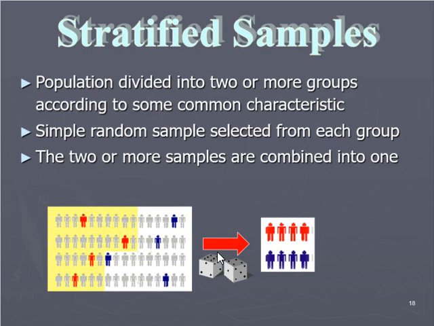So, for example, you have the males and females. That gives us two groups, and from those groups you now choose randomly, some from the males and some from the females, so that both groups from the population will be properly represented in your sample.